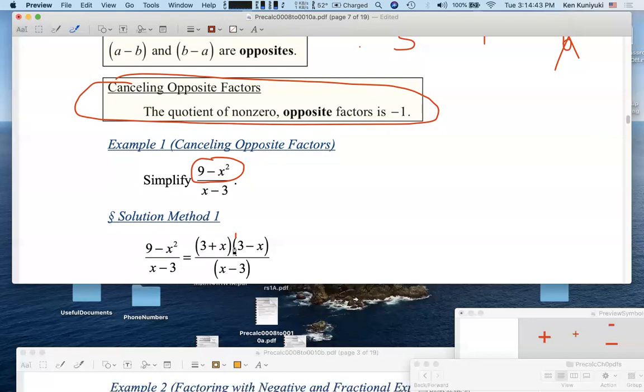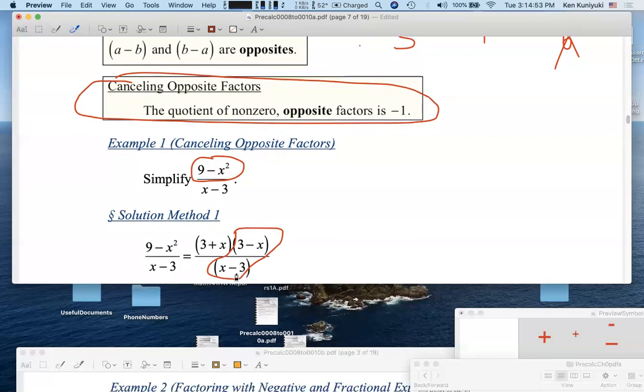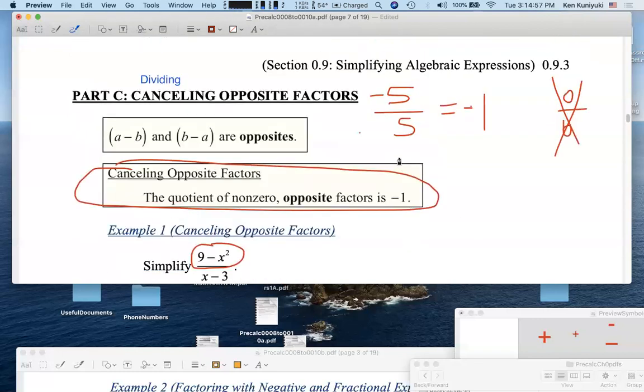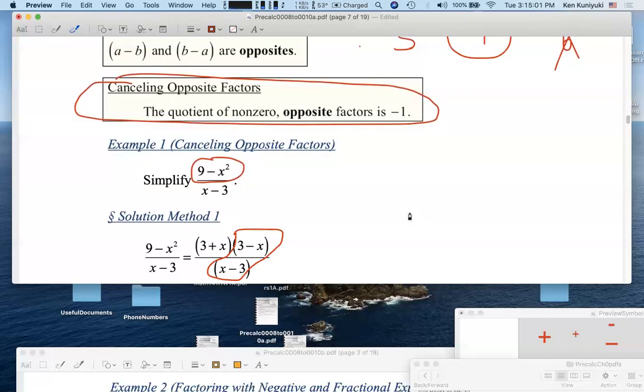We can divide these factors. How is 3 minus x related to x minus 3? They're opposites. And when you divide opposites, what number do you get? For example, what's 5 divided by -5? Or vice versa. You get -1.